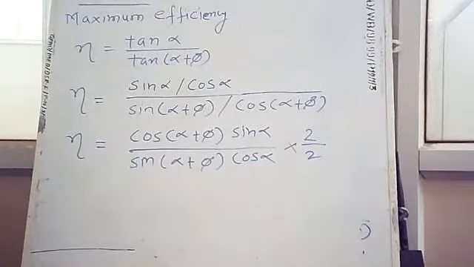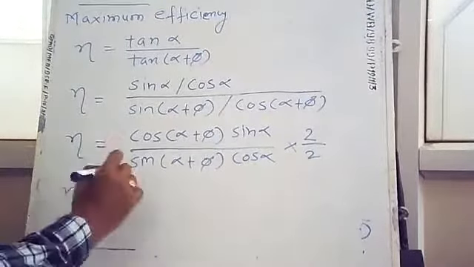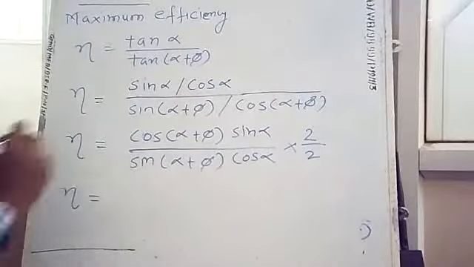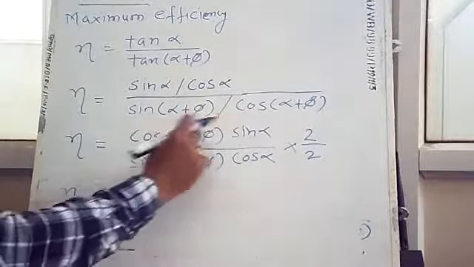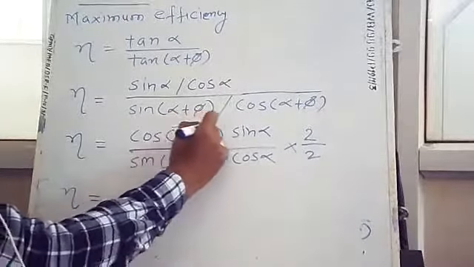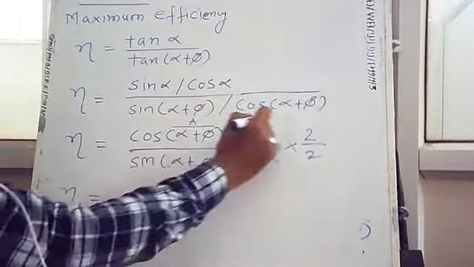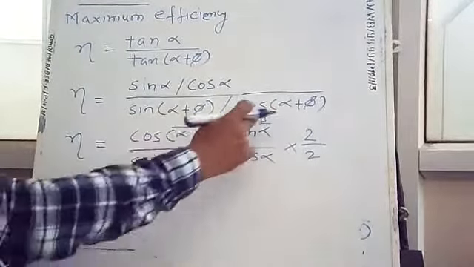Okay, we can expand that so that it becomes like this. So efficiency equals, now here this part is A and this part is B. So 2 cos A sin B.